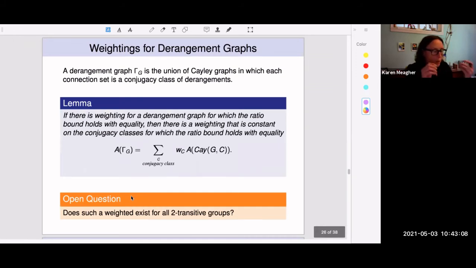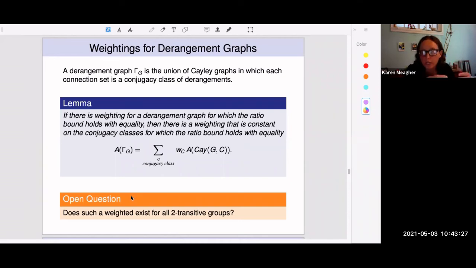Okay, so if we're going to weight a derangement graph, two elements are adjacent if they form a derangement. The derangements are a union of conjugacy classes. We can put weightings on the entire conjugacy classes rather than the individual elements.